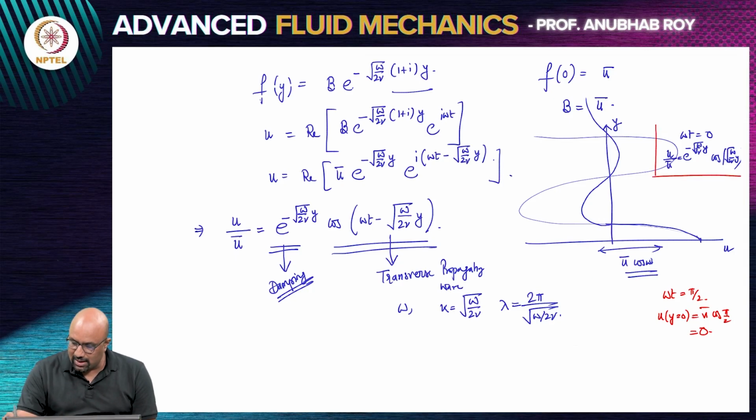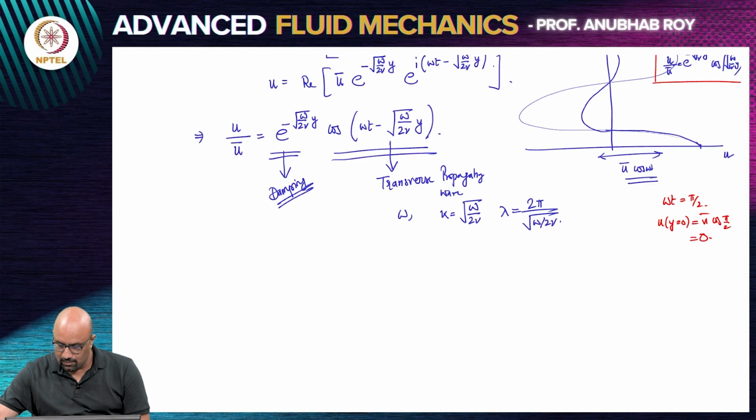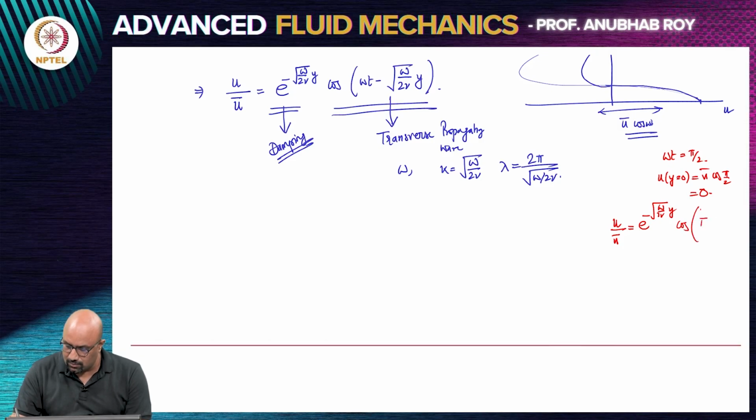So this is omega t equals 0. The total fluid velocity is going to be u by u bar is exponential of minus square root of omega by 2 nu y times cos of omega t, so omega t is pi by 2, minus square root of omega by 2 nu y.